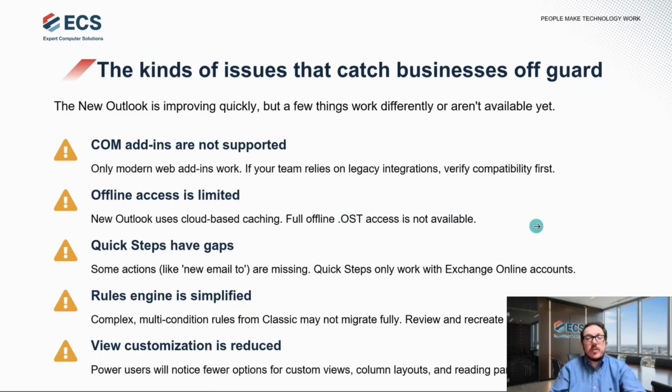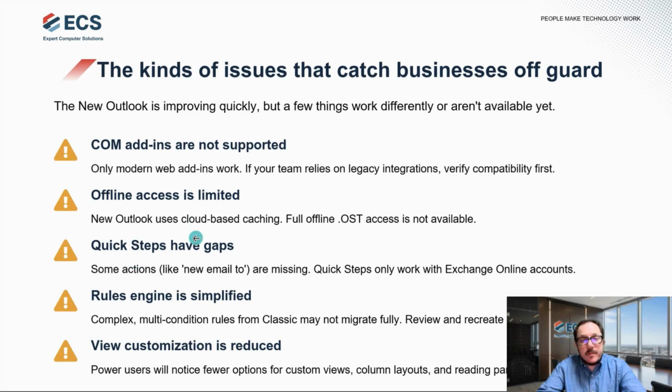New Outlook uses cloud-based caching. Full offline OST access is not available. Now, this really more impacts if you travel very often and you want to be able to work offline. I would still say the classic Outlook works a little bit better, but the new Outlook is catching up.